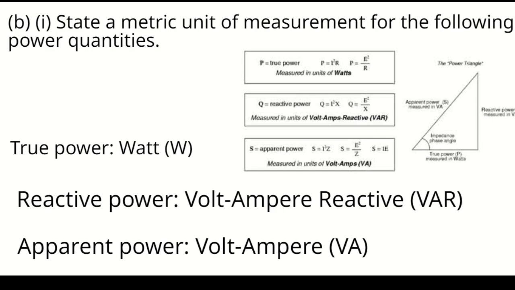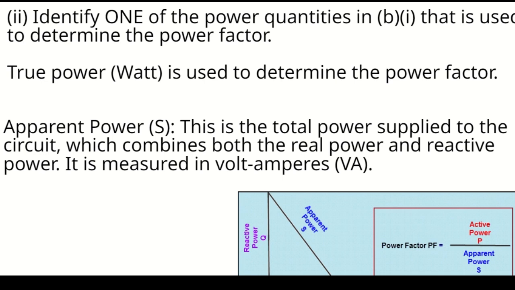And for apparent power, it's volt ampere. There's a triangle here with some formulas that can be very beneficial to you. Part 2 of B says that we have to identify one of the power quantities that you would have mentioned in B that is used to determine power factor.